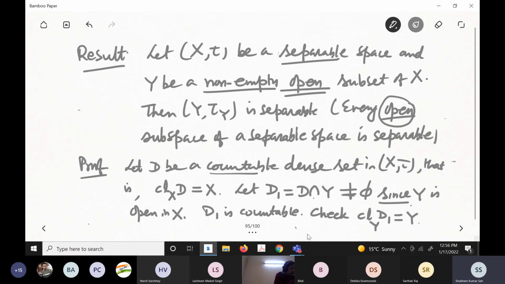The most important thing is this: there is no guarantee, if you start with an arbitrary topological space, that this may not be empty. This may be empty. But if you can ensure this is non-empty, it is a sufficient condition. Openness guarantees that it will be non-empty. But you don't need open sets all the time. If somehow you can guarantee this is non-empty, then it will work. You can check that.